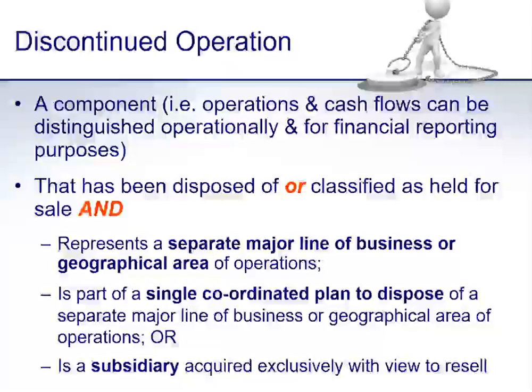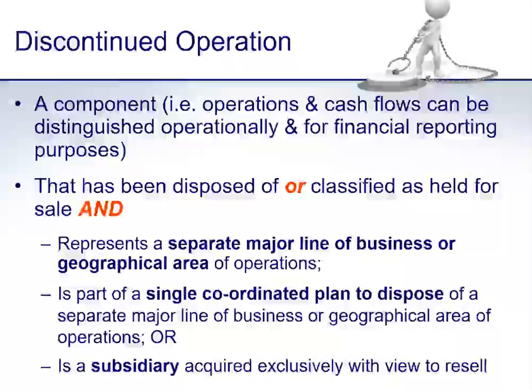So maybe I saw an opportunity to make a quick profit. So I bought a business, but I intend on disposing of it straight away. The minute I've got any of those, I meet the criteria, then basically I have a discontinued operation on my hands. And if you've got a discontinued operation, we're certainly within the scope of this particular standard.